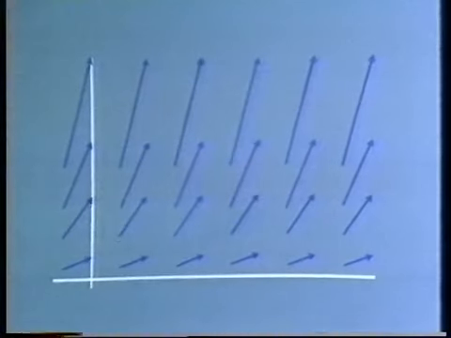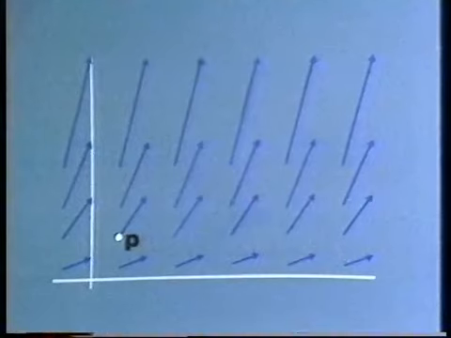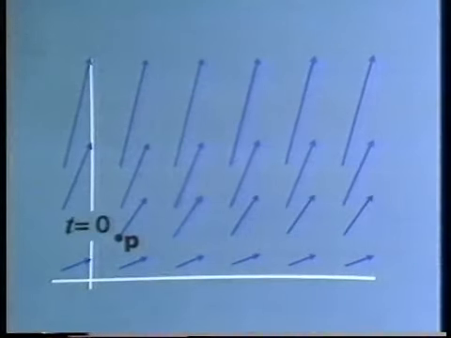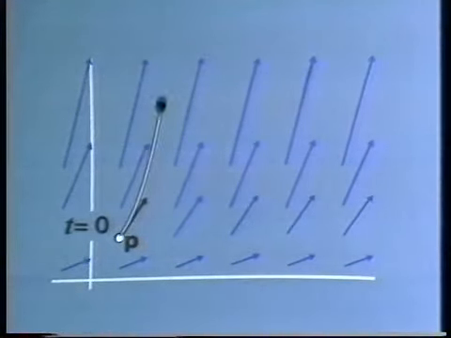Now consider a specific point P, and imagine yourself dropping a particle into the water at that point and starting a stopwatch. Then the particle will move off with a velocity equal to the flow vector at P, and you'd expect its subsequent motion to be predetermined along a flow line.